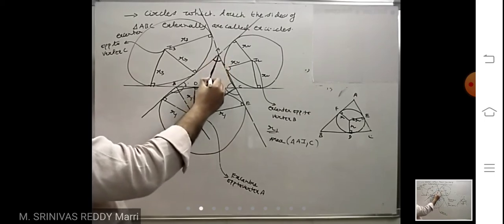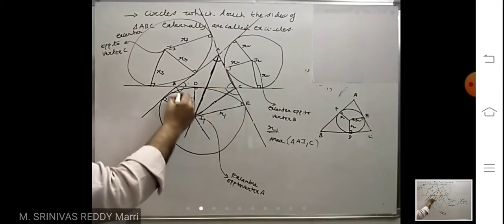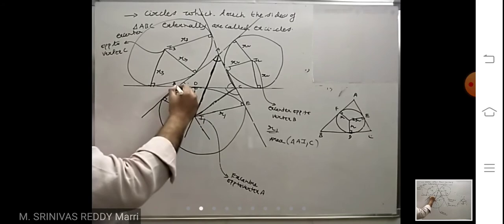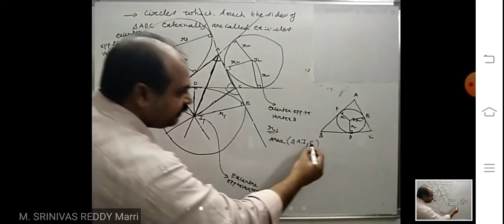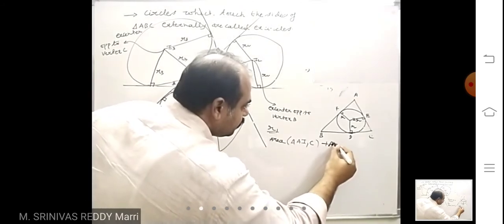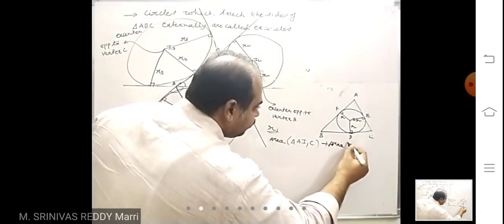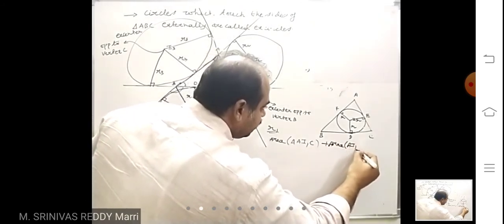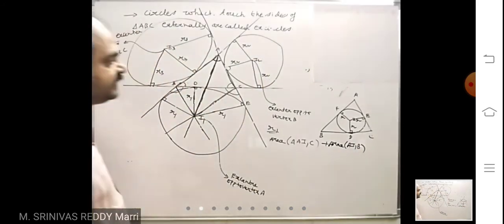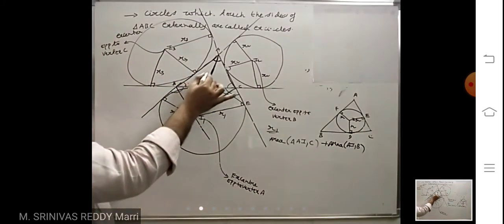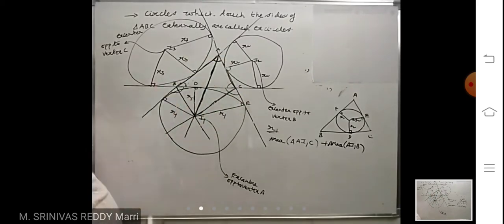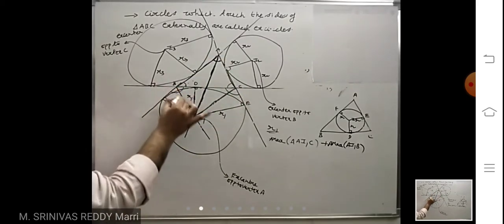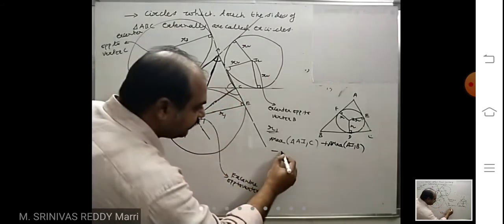This is AI1B, this is the triangle. If you sum these triangles, you will get a quadrilateral.